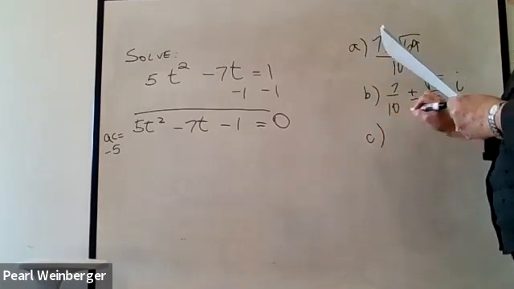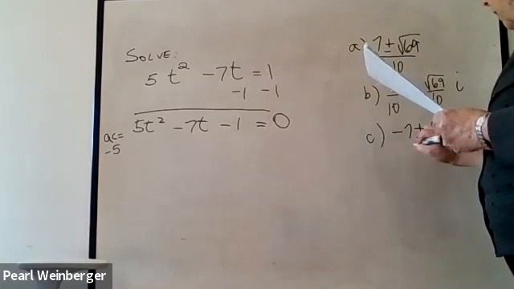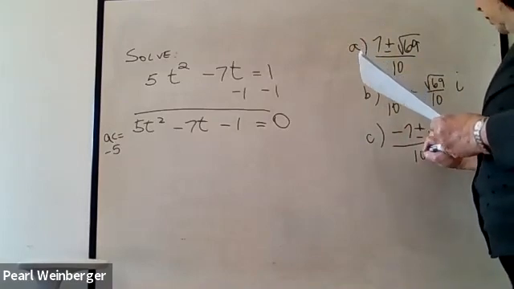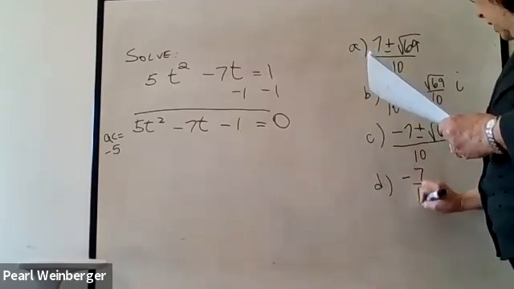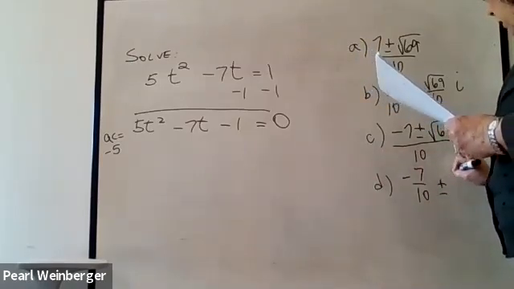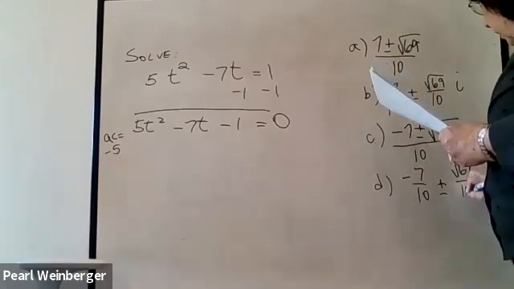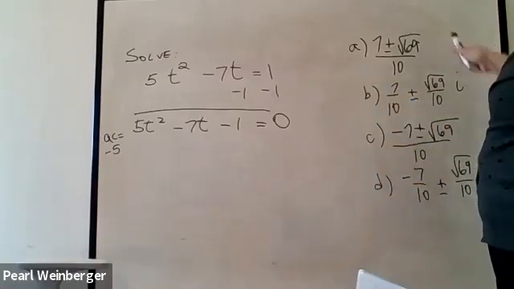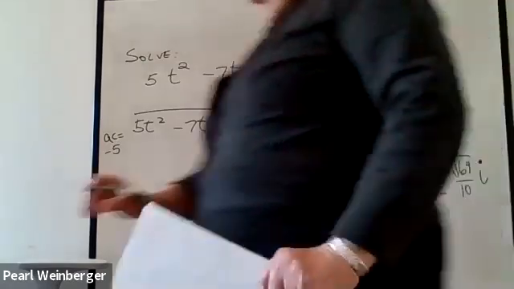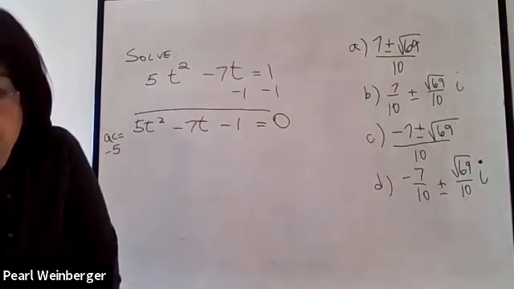C is negative 7 plus or minus the square root of 69, all over 10. And D is negative 7 over 10 plus or minus square root of 69 over 10 with an i. So there are two that have i's and two that don't. Okay, let's do a couple more. Give you a couple of minutes for that.